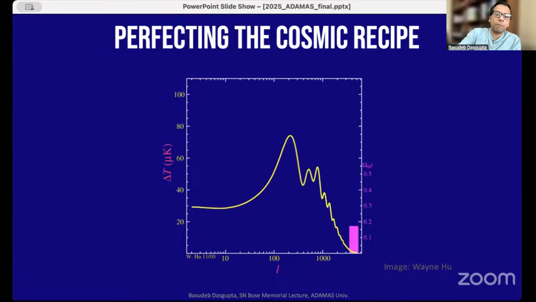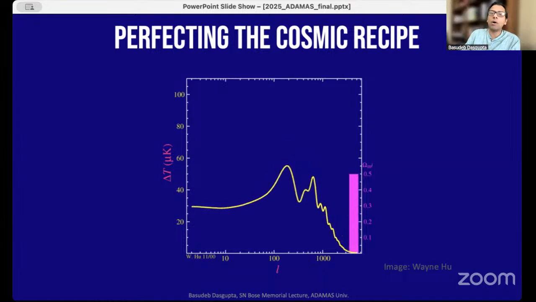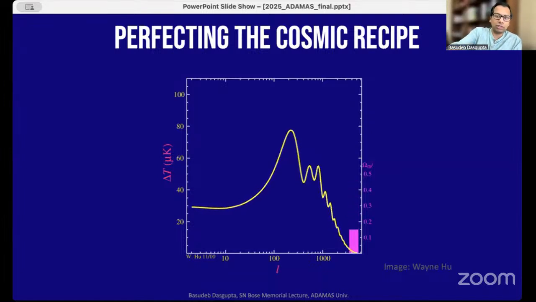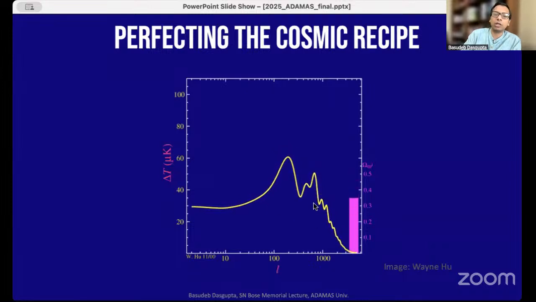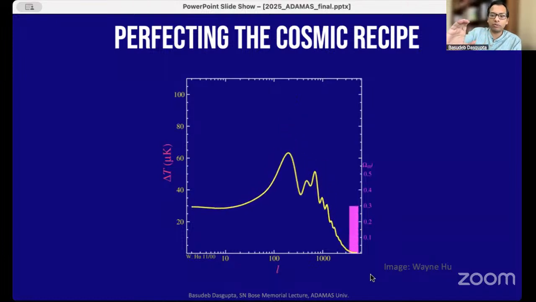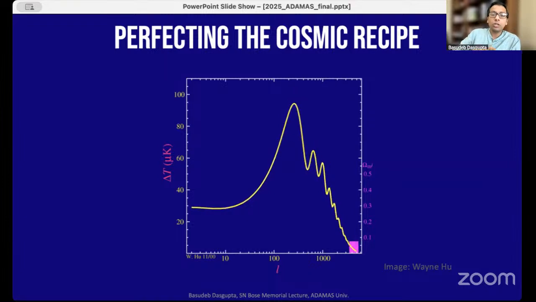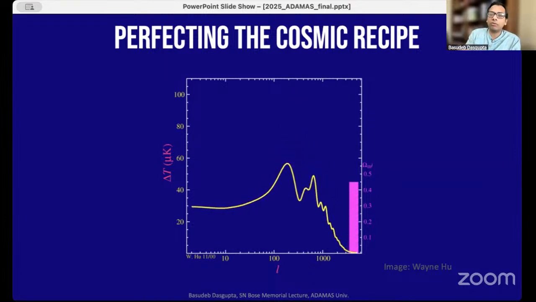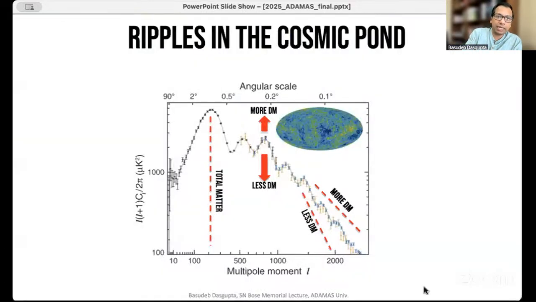So this purple bar is showing you what happens if I increase or decrease the amount of dark matter, and what you find is that this pattern then changes in the following way, this yellow curve. And for a particular value of the height of this purple bar, you will find that this yellow curve fits this data better.